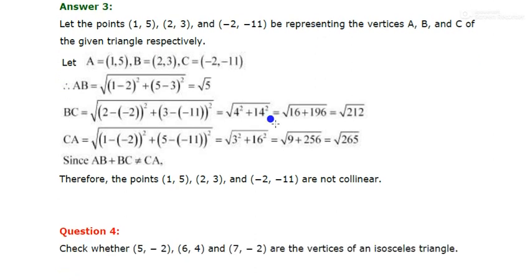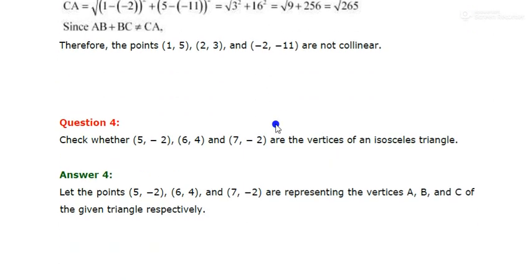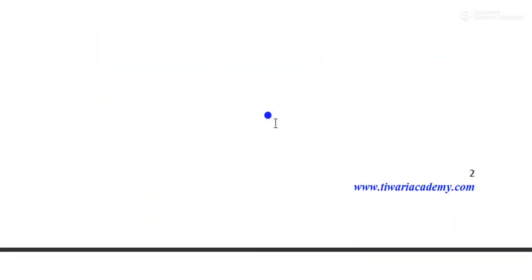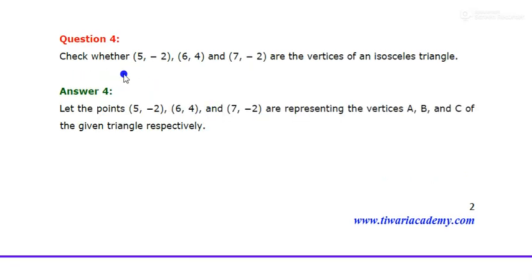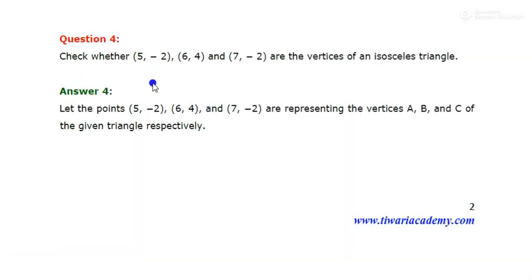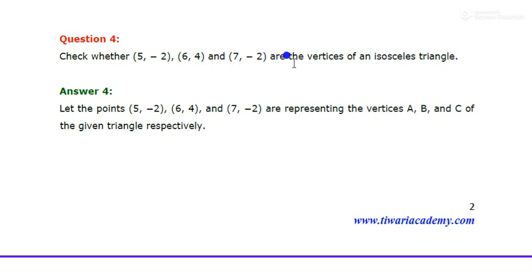Okay, now see the next question, question number 4. What we have to do in question number 4: check whether these 3 points are vertices of an isosceles triangle or not. So what is an isosceles triangle? It is a triangle in which two sides are equal.